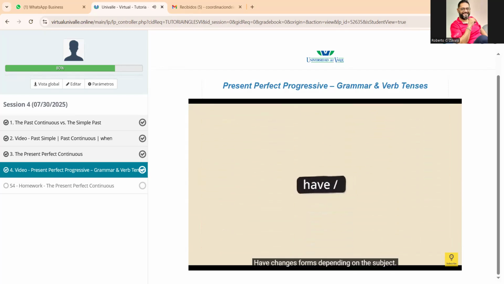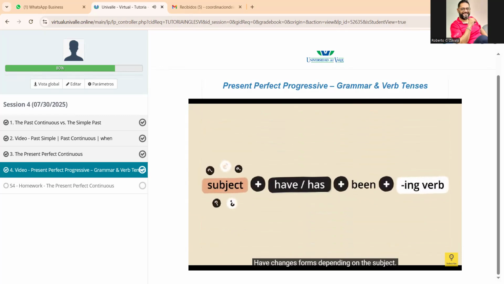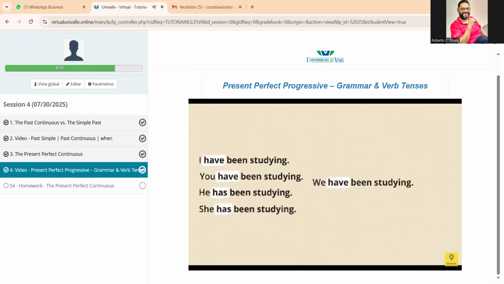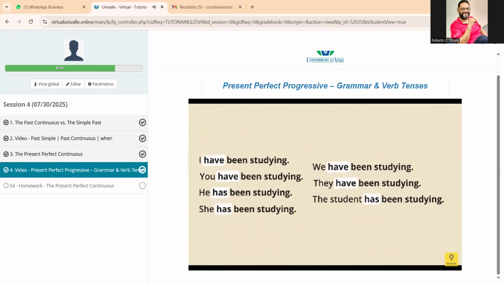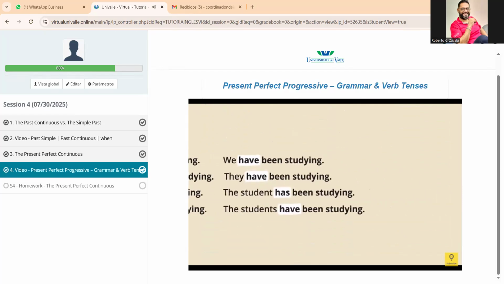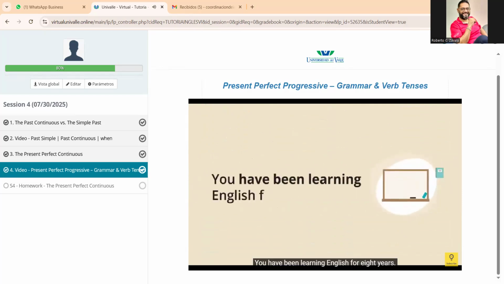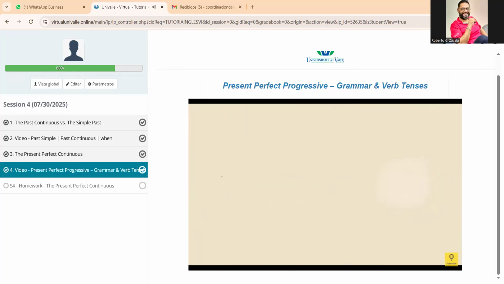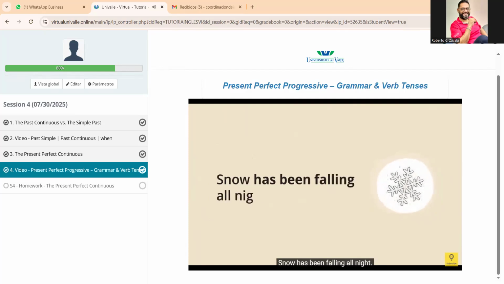Have changes forms depending on the subject. You have been learning English for 8 years. She has been sleeping all day. Snow has been falling all night.